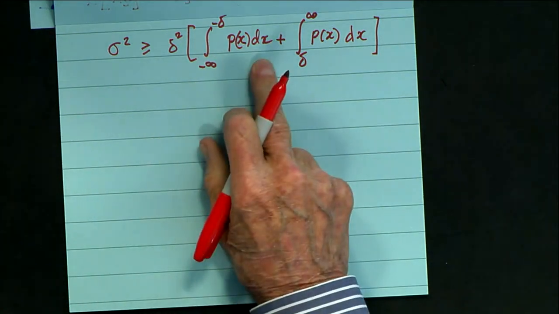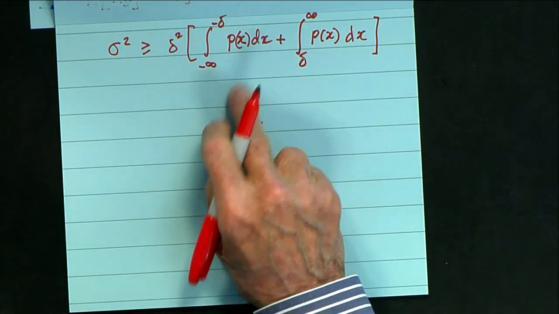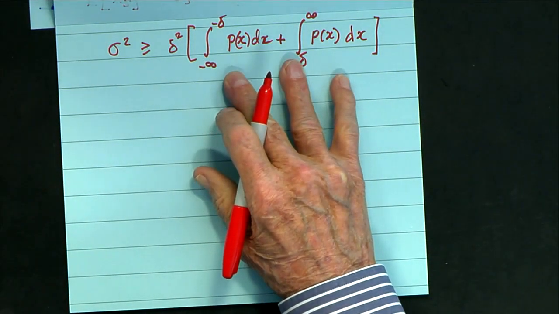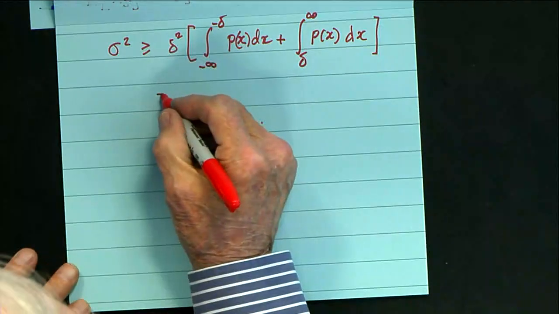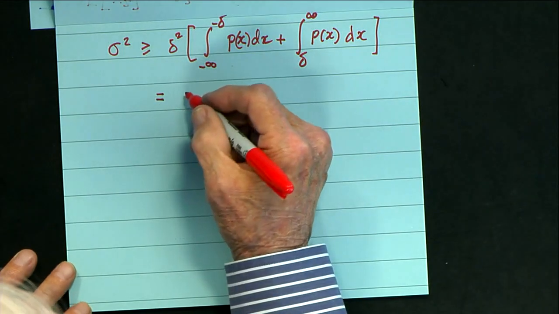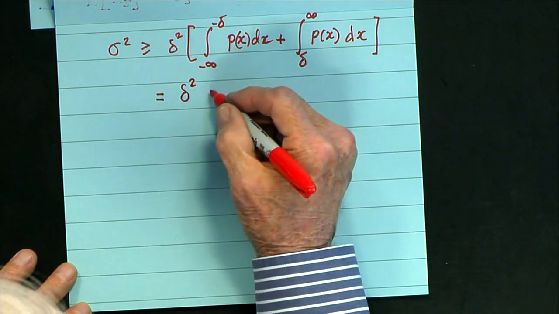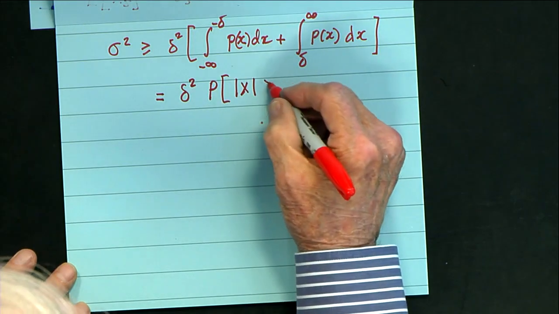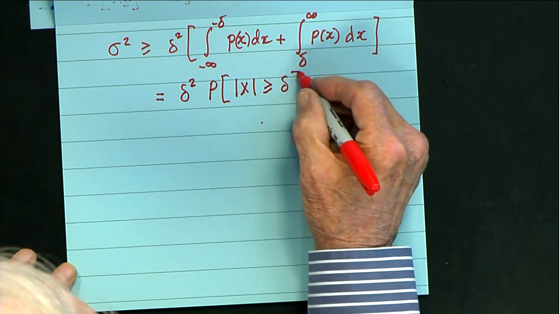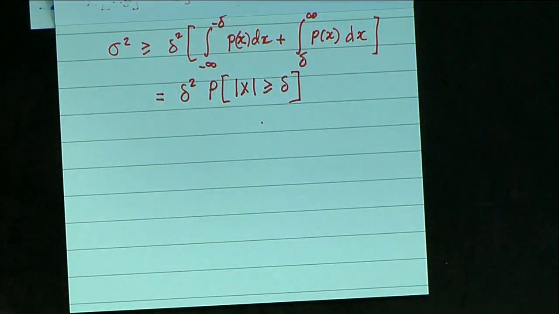But isn't this just the area outside? So that's just delta squared times the probability that x is greater than delta. And so there is Chebyshev.